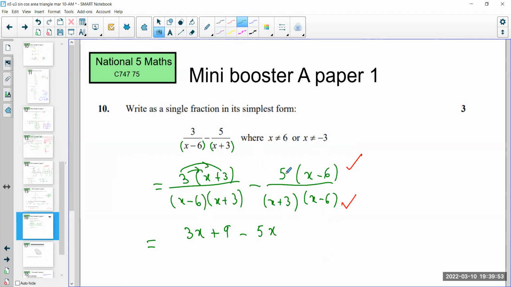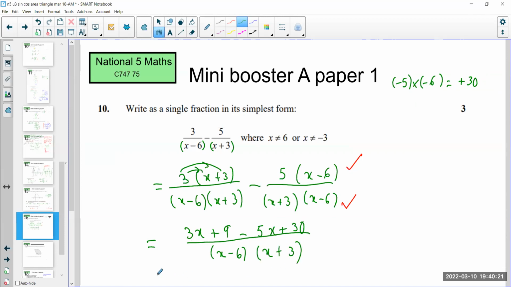What is minus 5 times minus 6? The enemy of my enemy is my friend. Negative 5 times negative 6 is plus 30.